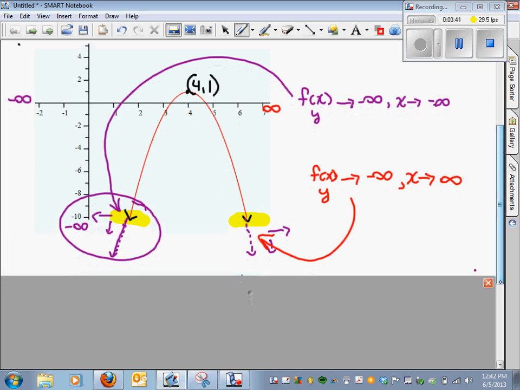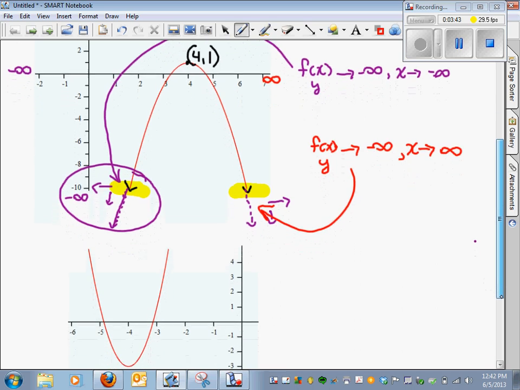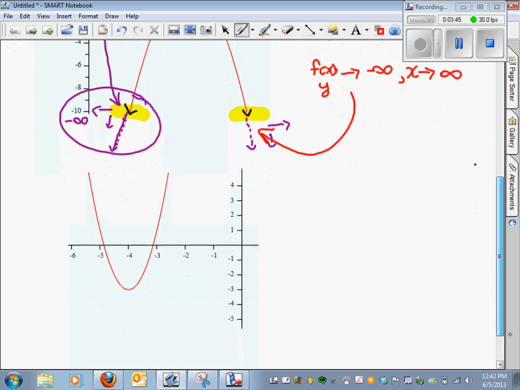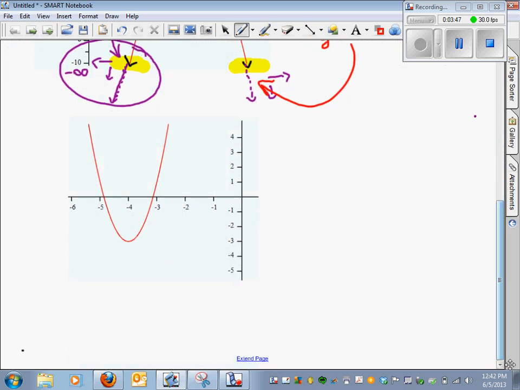Now let's look at a second example. Here's another quadratic, this one opening up. The vertex is at (-4, -3). But again, if we're going to describe the end behaviors, we really don't care what's happening in the middle or where it's turning. We're focusing on these two arrows, where it's pointing us on the left side and where it's pointing us on the right side.